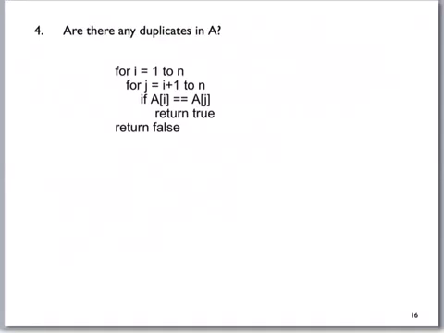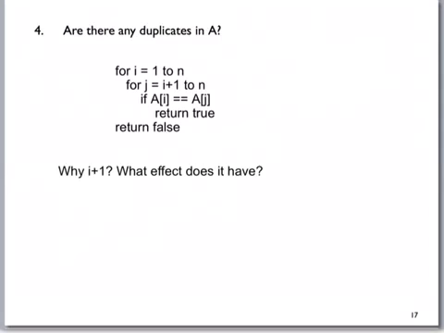But this inner loop looks a little bit different than the others, and the reason it looks different is there's this I plus 1 there. So in the outer loop, we start with 1, but in the inner loop, we start with I plus 1 every time. And the question is why, and what effect does that have on the answer? Once again, stop the video and think about it.